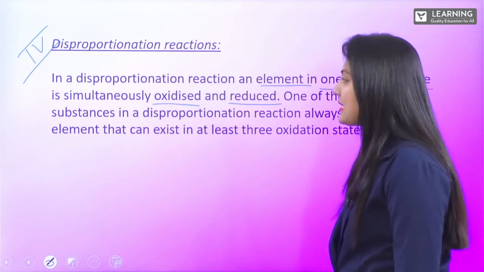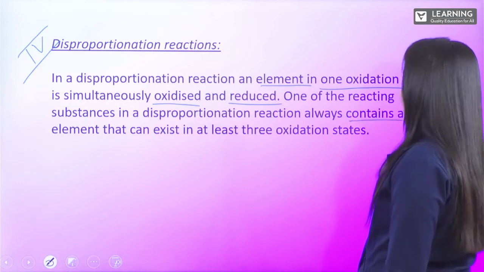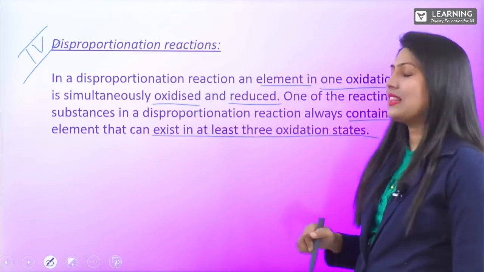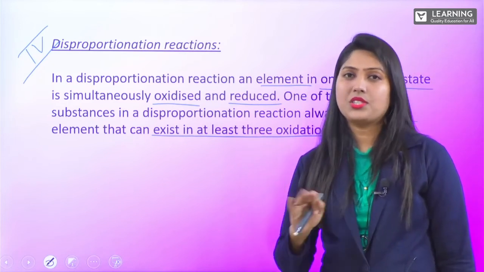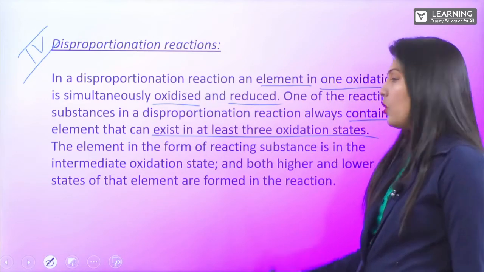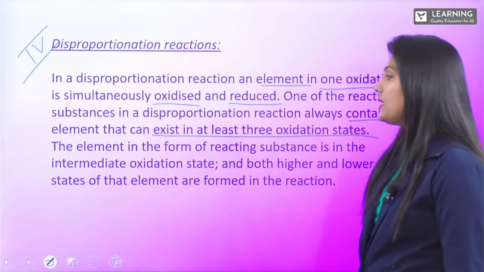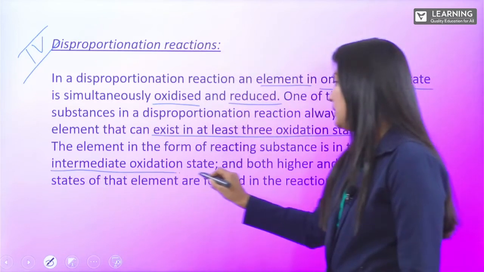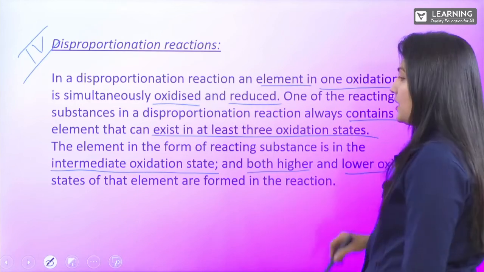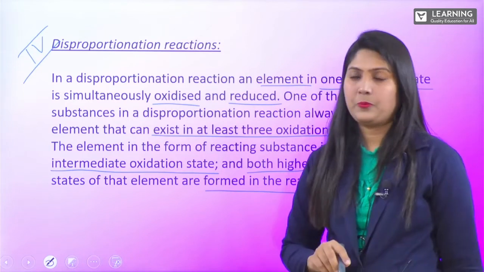One of the reacting substances in a disproportionation reaction always contains an element that can exist in at least 3 oxidation states. The element in the reacting substance is in the intermediate oxidation state, and both higher and lower oxidation states of that element are formed in the reaction.